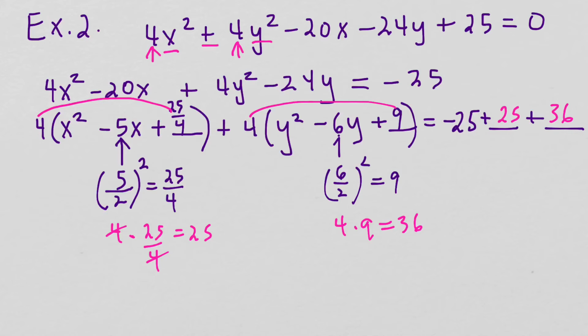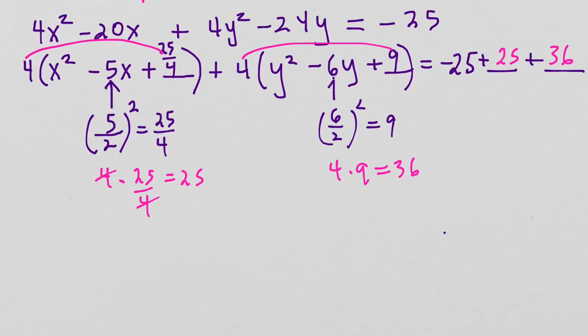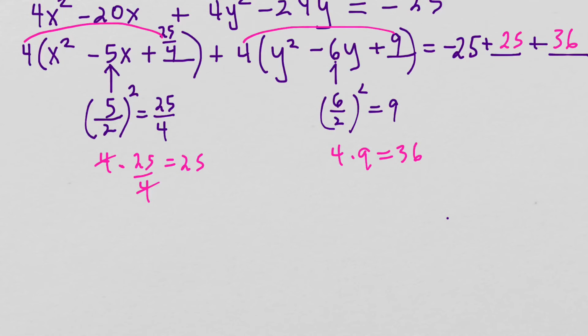Okay, so now we're ready to write the final line of our equation. So I still have my 4 in front, but now I've got a perfect square trinomial, which I'm going to write in factored form. So the square root of x squared is x.